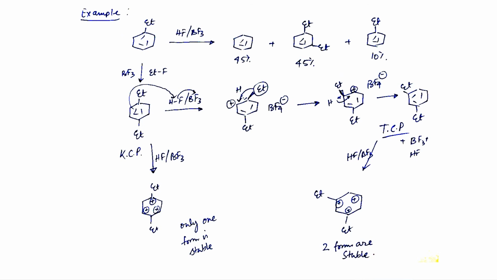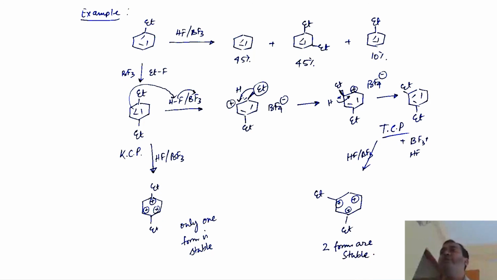Now you can recall, actually last class we discussed this example, correct? You remember. What did we say when we take, let's say, this ethyl benzene in the presence of a Lewis acid and HF, hydrofluoric acid? It leads to three different products. First, basically your ethyl group gets removed and replaced by hydrogen.